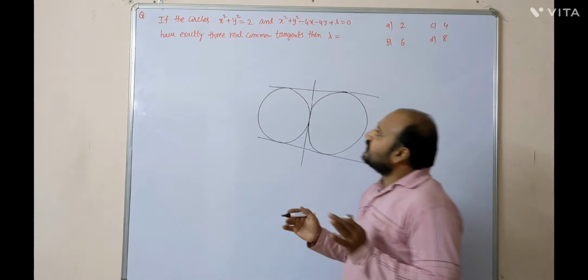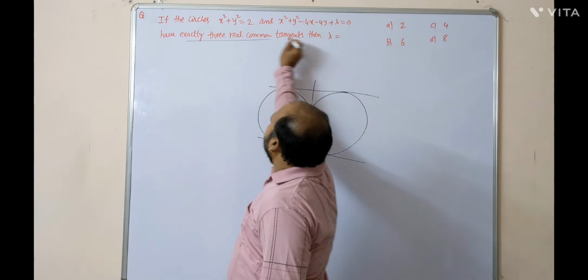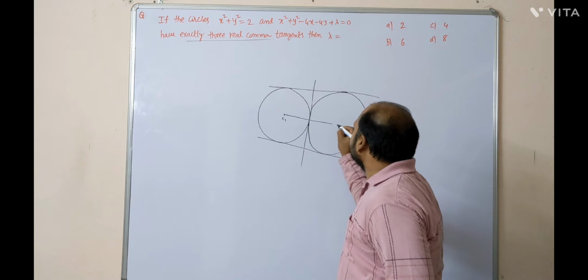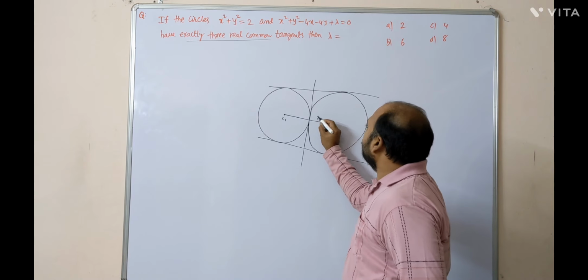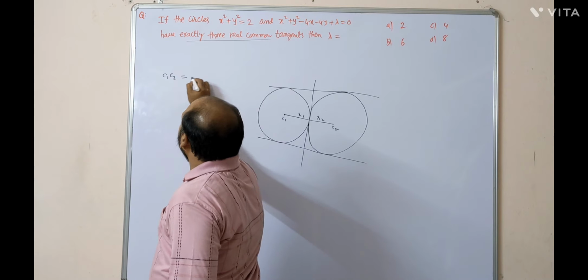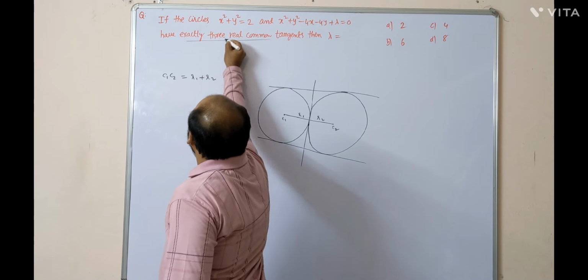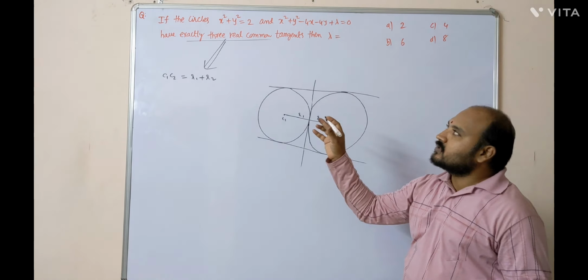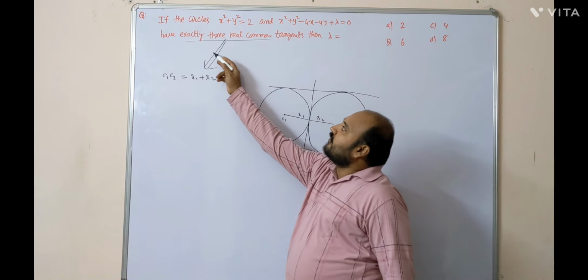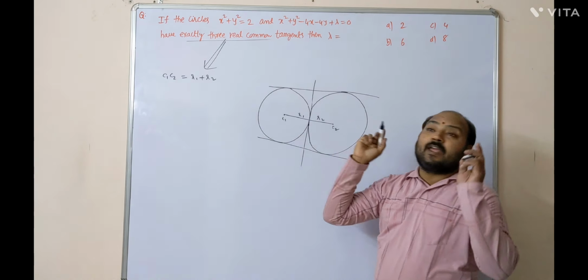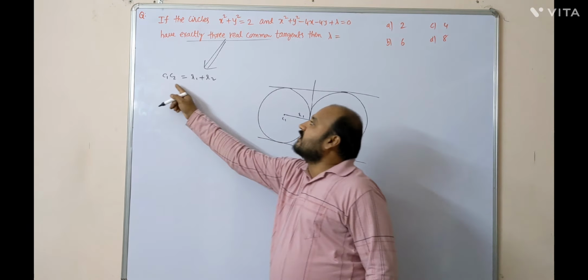Whenever exactly 3 real common tangents are possible, the distance between their centers is equal to the sum of the radii: C1 C2 equal to R1 plus R2 for this condition. Whenever the given circles have exactly 3 real common tangents, the two circles touch each other externally. So C1 C2 equal to R1 plus R2.